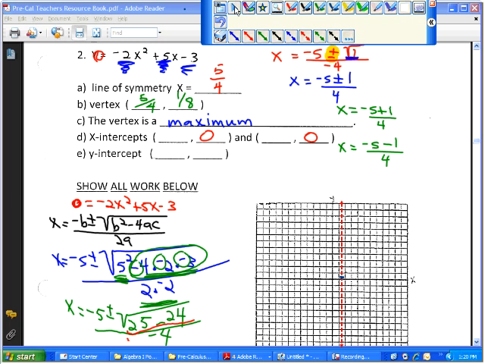It comes in after you take the square root. Okay? So negative 5 plus 1 is negative 4 over negative 4, which is 1. Negative 5 minus 1 is negative 6 over negative 4, which is equal to 1.5.